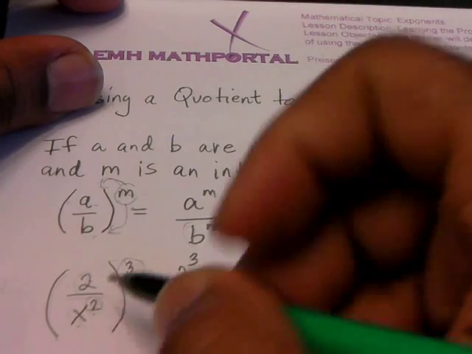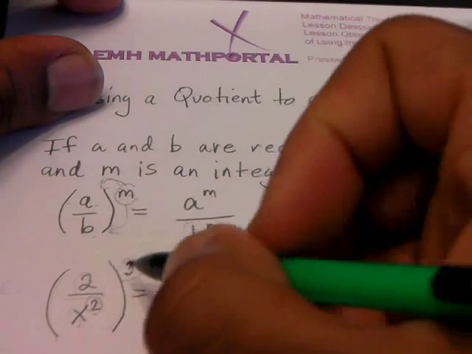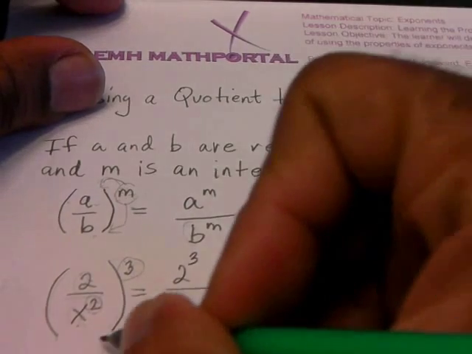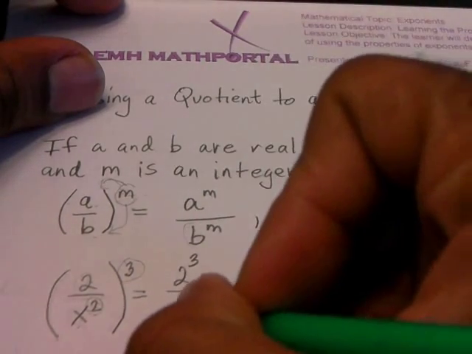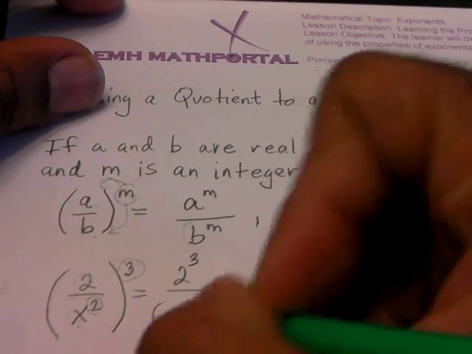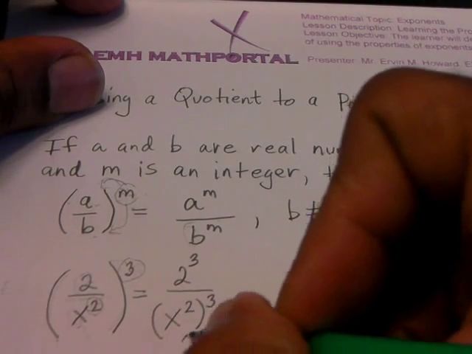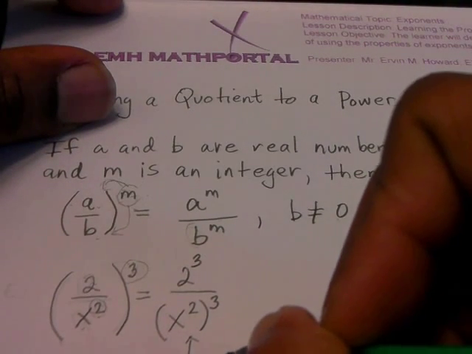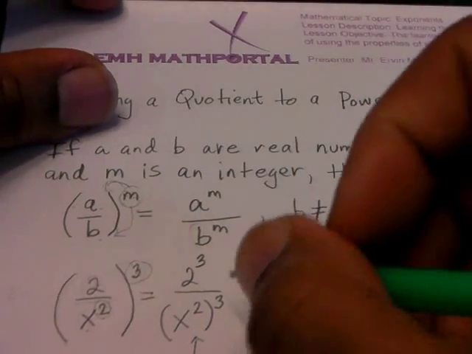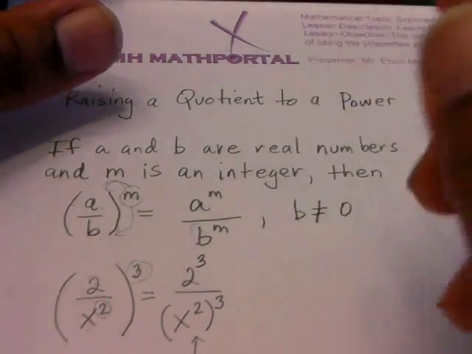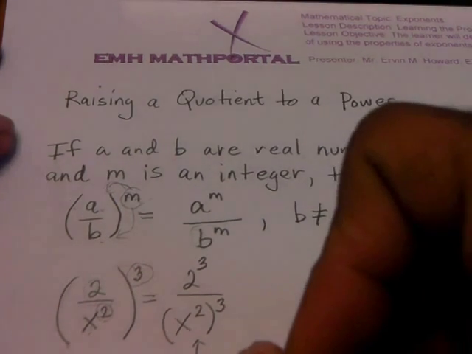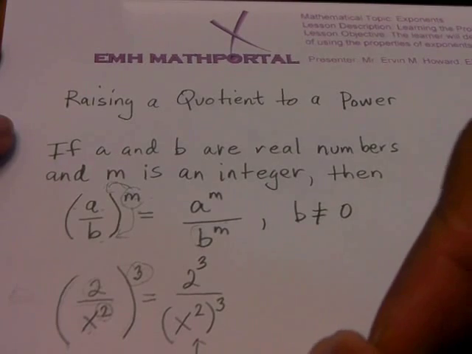Now x is already squared, so as we raise the power of 3 to x squared, this represents x squared raised to the power of 3, and this is applying the power rule.